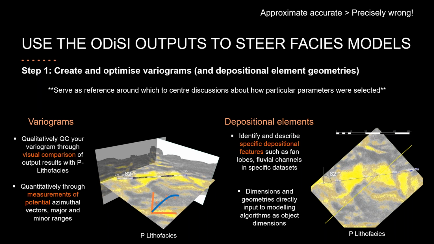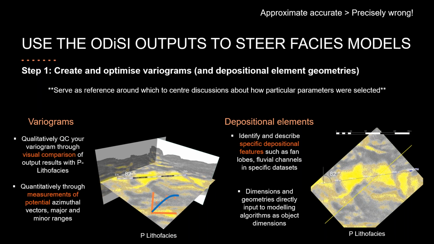It provides us a yardstick in 3D and 2D and a way of gauging your accuracy in the parameterization of your variograms by allowing you to, 1, qualitatively QC your variogram through visual comparison of your output results. So taking your model in the 3D viewer, plunking that next to your seismic volume, your ODiSI seismic volume, and comparing the 2 together, your P with the facies volumes.